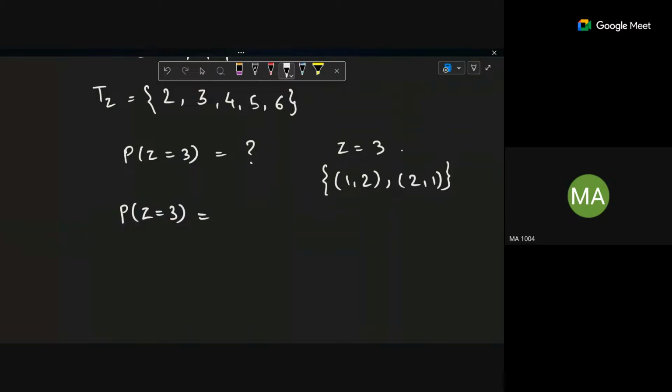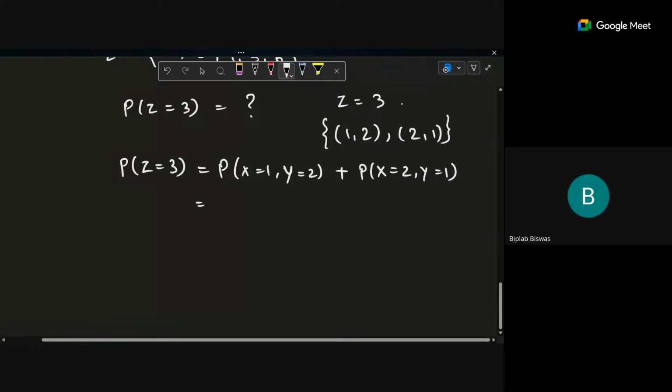That means the probability that X is taking value 1 and Y is taking value 2, or the other way around. If we think this way, 1 is marked as 1, 2 and 3 are marked as 2, and 4, 5, 6 are marked as 3, then all of their individual probability was 1 by 6. Now for 2 it will be 1 by 6 into 1 by 6. I mean, just thinking that way.